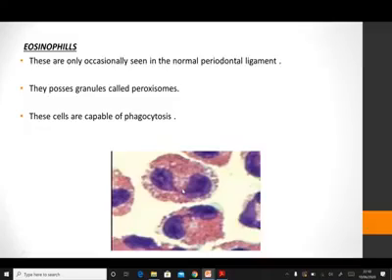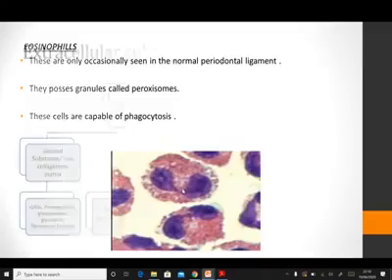These peroxisomes help the eosinophils in phagocytosis of the invading organism or particulate matter. So basically, peroxisomes are the defense mechanism for the eosinophils because they help them in phagocytosis.